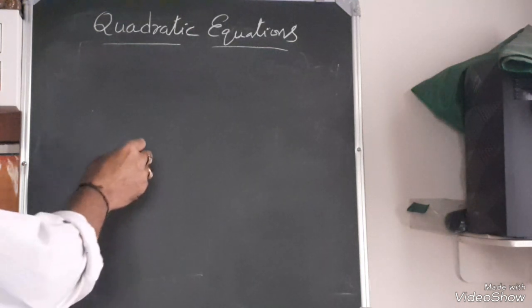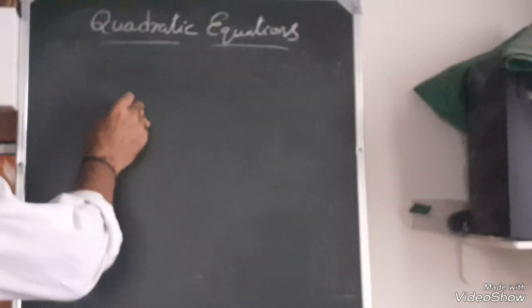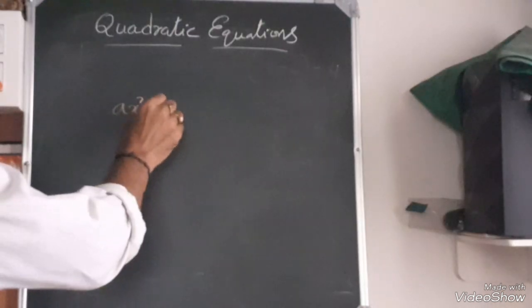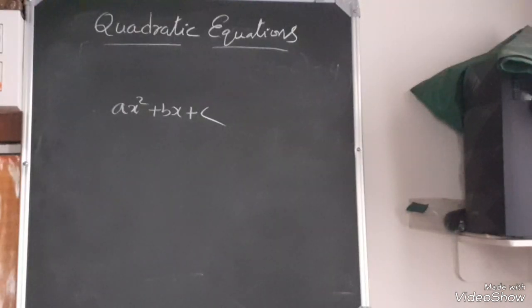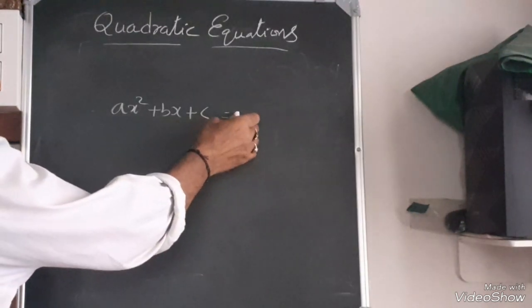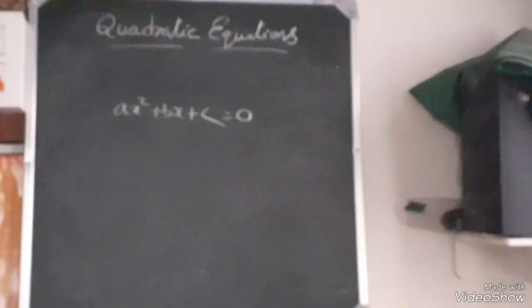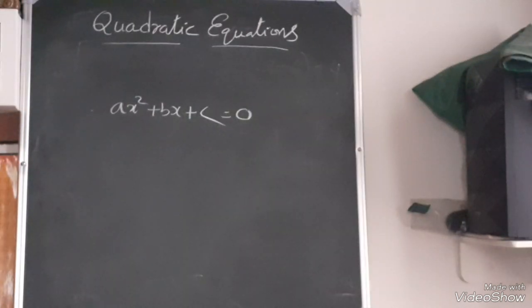We know a second degree polynomial, ax square plus bx plus c. This is the general form of a quadratic polynomial. So if you take an equation with equal to 0, that is the general form of the quadratic equation.